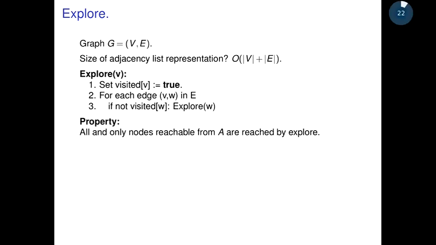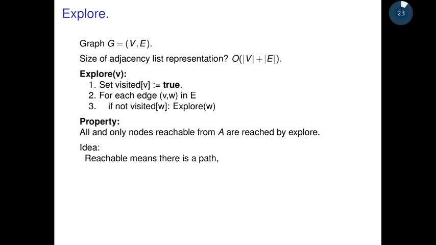Okay? So the property is all and only nodes reachable from A are reached by explore. So if you call explore on some vertex named A, every node that's reachable from A by a path, if there's a path from A to any vertex, explore will actually explore it.